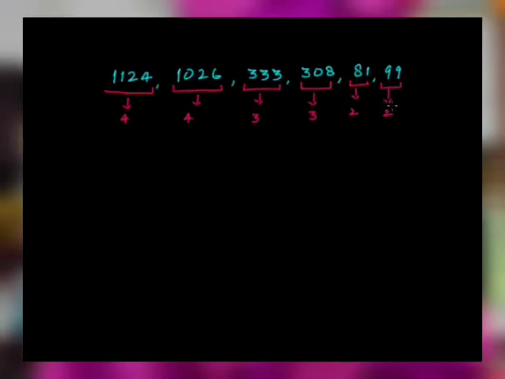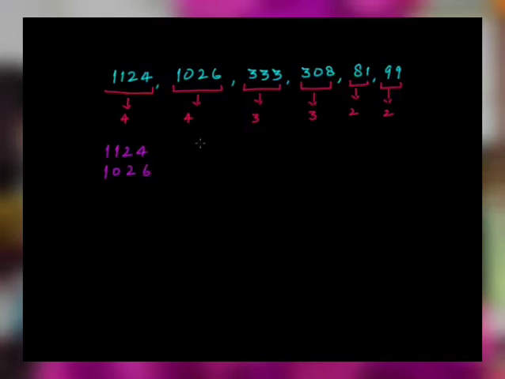So write down all the numbers which have 4 digits at one place, the numbers with 3 digits at one place, and the 2 digits together, right? So write it down. 1124, 1026.